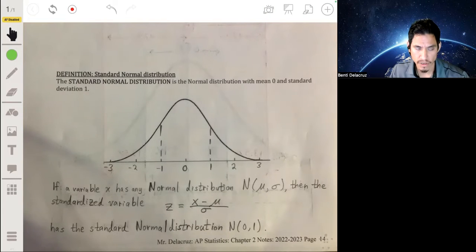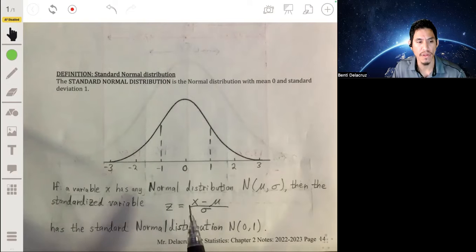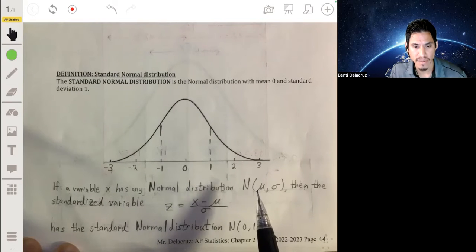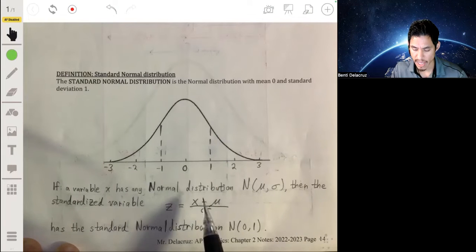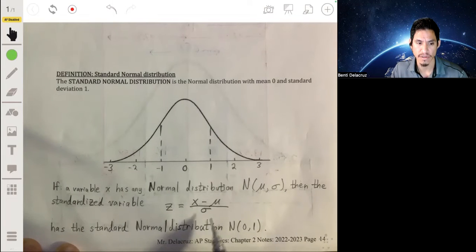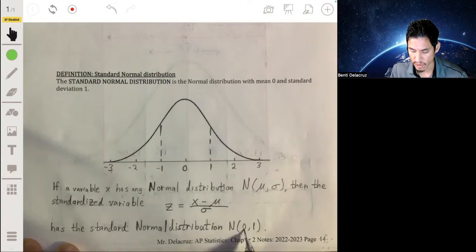We define the standard normal distribution as the normal distribution with a mean of mu and standard deviation of sigma, and when it's standardized using the z-score, the mean is going to be 0 and the standard deviation will always be 1.